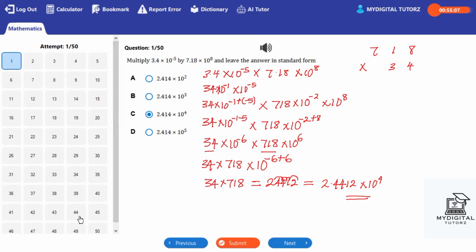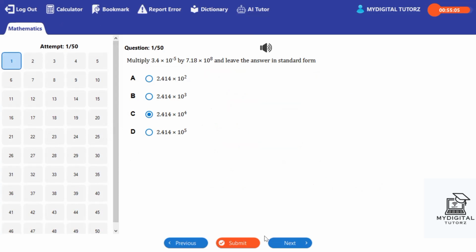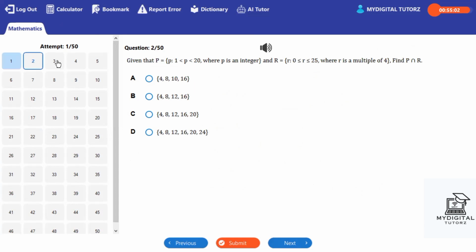Question 2 says: given that P is the set of elements such that P is greater than 1 and less than 20, where P is an integer, and R is such that R is greater or equal to 0 and less or equal to 25, where R is a multiple of 4.